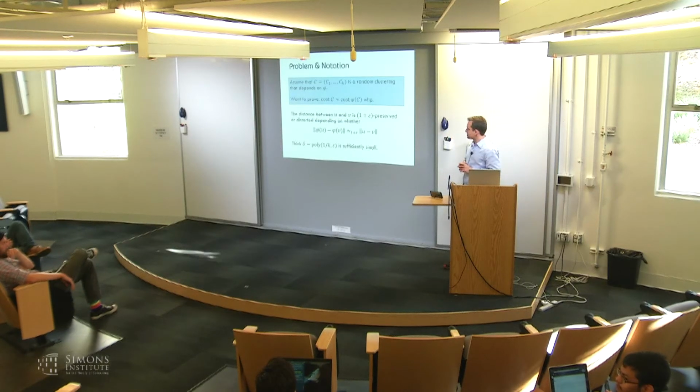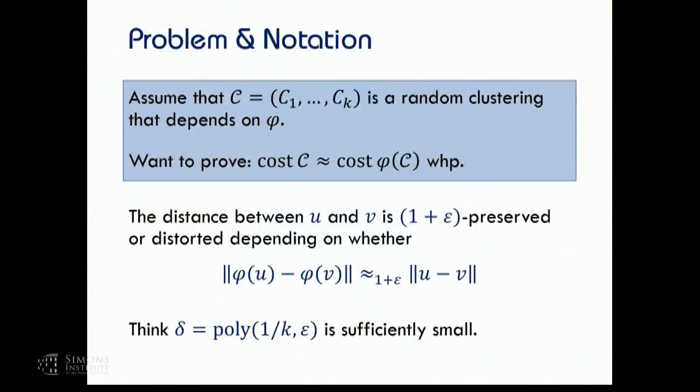Okay, let me introduce some notation. For every specific projection phi, let us call this clustering C1 through Ck the most distorted clustering, kind of the worst clustering for this specific projection, for this dimension reduction.